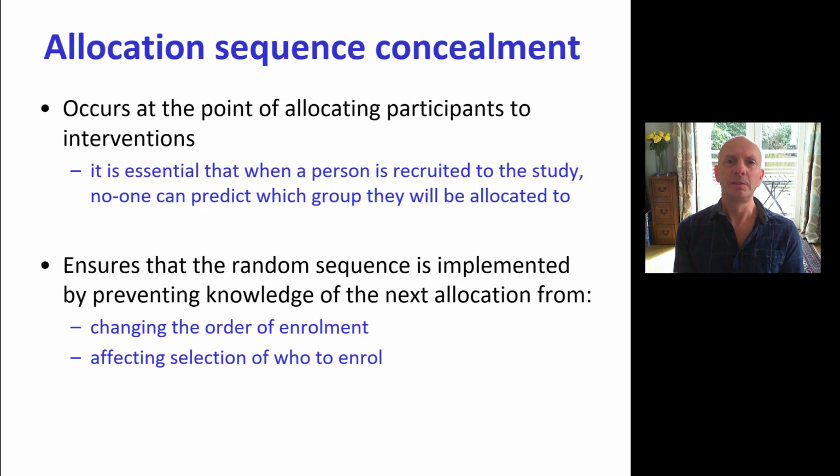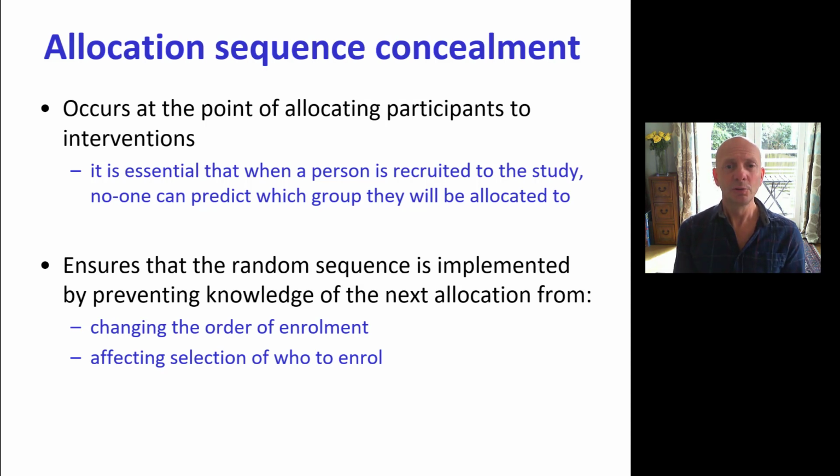There's a second aspect to randomization, though, which is at least as important as the use of a random sequence, and that is ensuring that the sequence is concealed. What we're looking for here is some evidence that at the point of allocating participants to interventions, the people recruiting or involved in recruitment into the study could not predict the group into which a participant would be allocated.